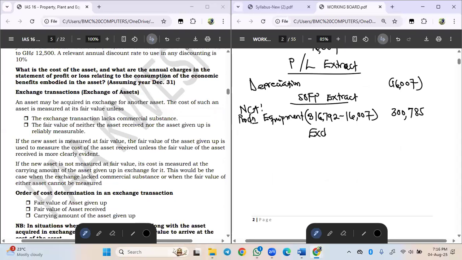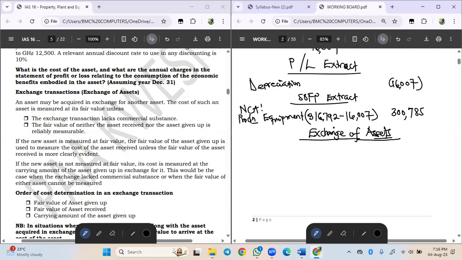Exchange of assets. This is where maybe a company wants to acquire an asset, but they want to use the asset that they have.